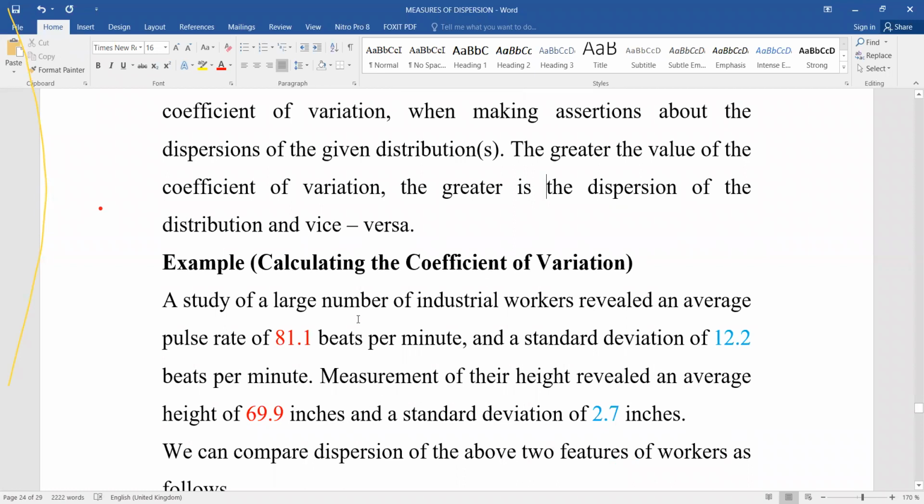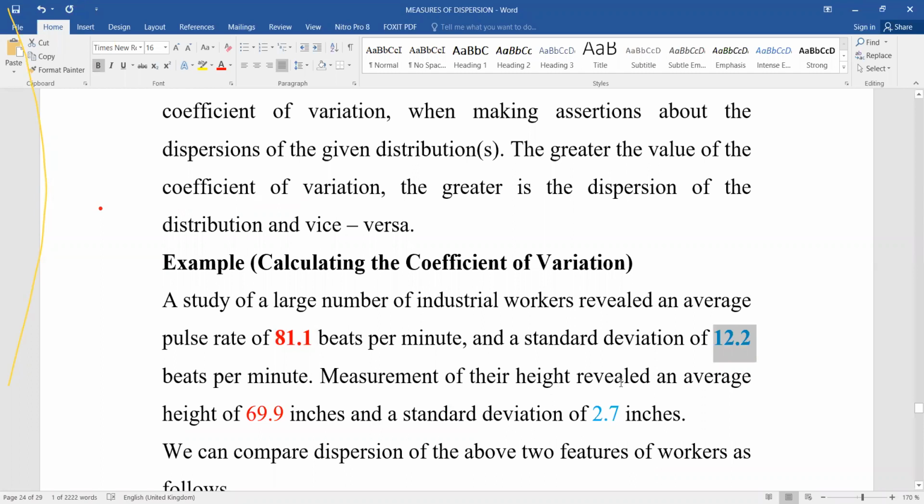That's all. A study of a large number of industrial workers revealed an average pulse rate of 81.1. So the word average there indicates that we're dealing with the mean. And a standard deviation of 12.2. Now that indicates that we're dealing with the standard deviation.